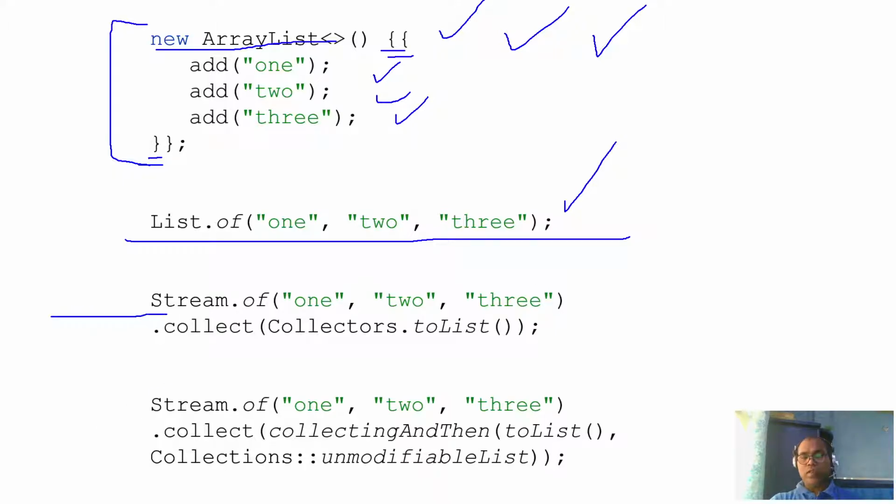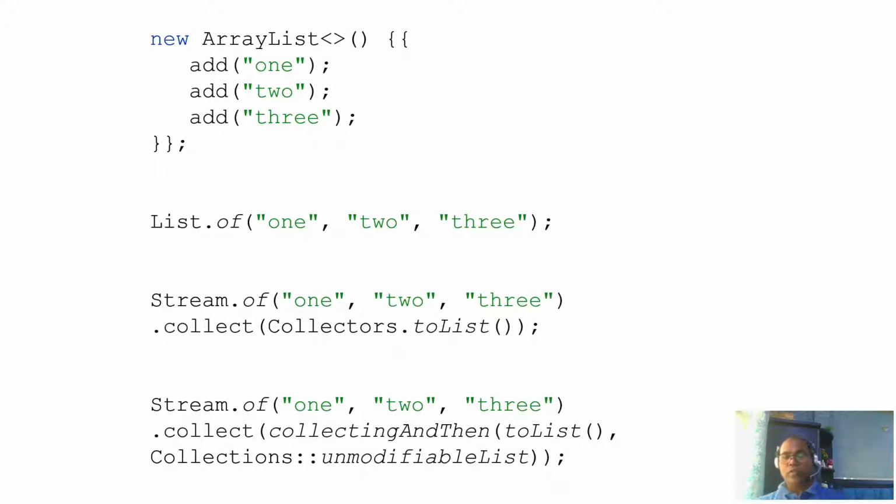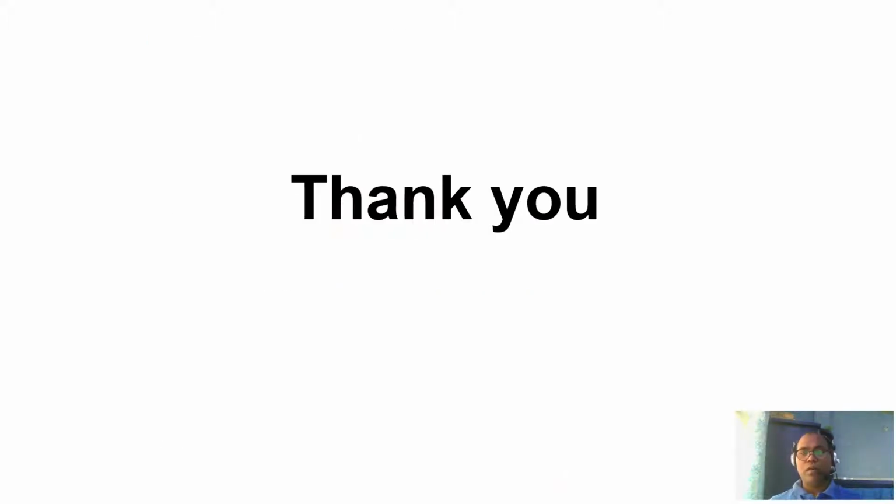You can use Stream.of to return modifiable collections, or you can also get an unmodifiable collection as well, as Stream offers both. But List.of always returns an unmodifiable list. So this is about double brace object initialization. Basically this majorly helps in the case of collections.